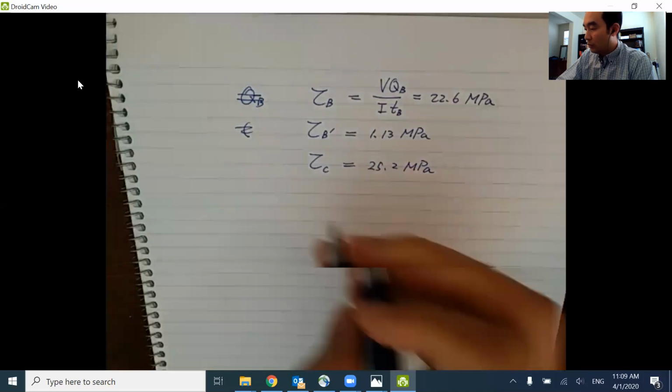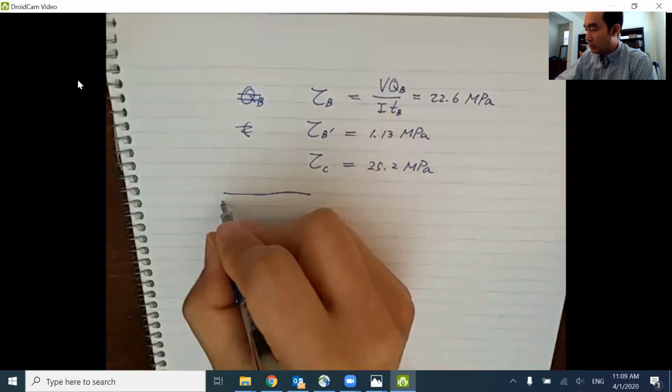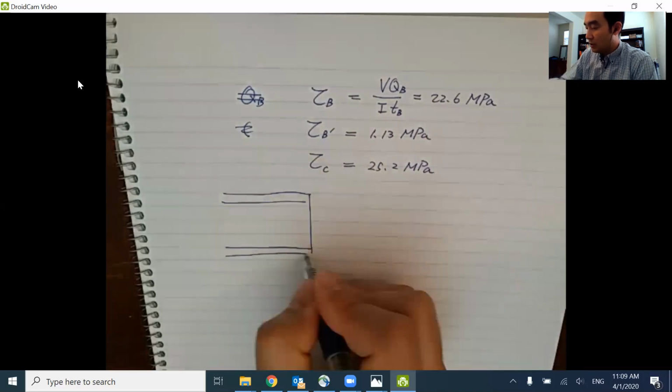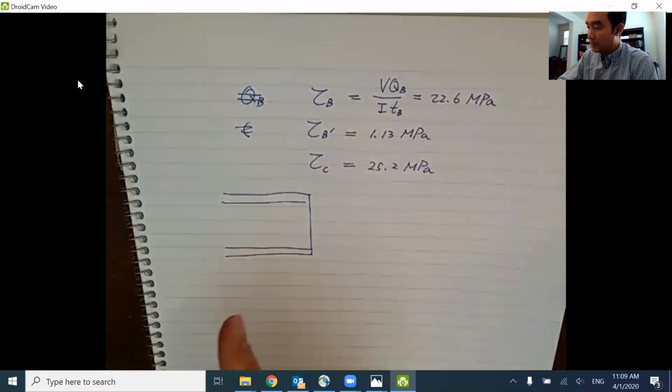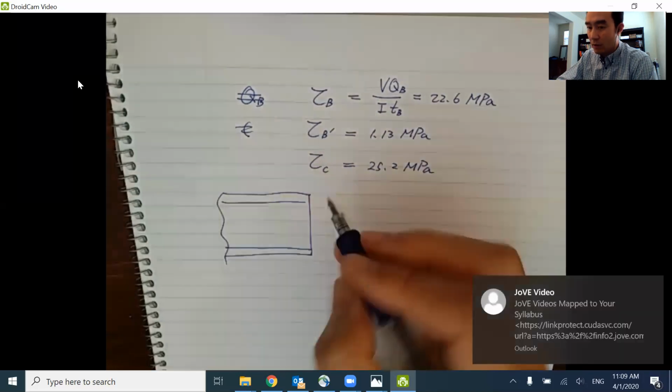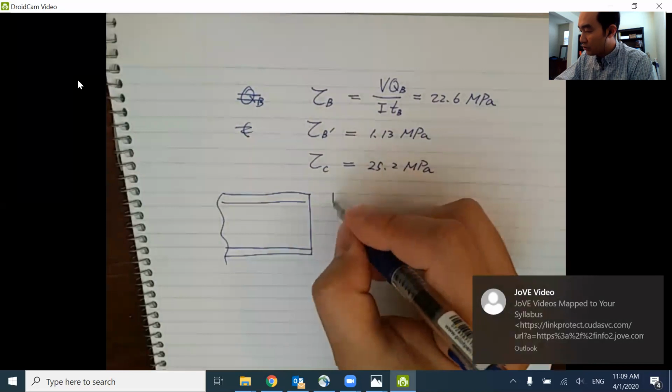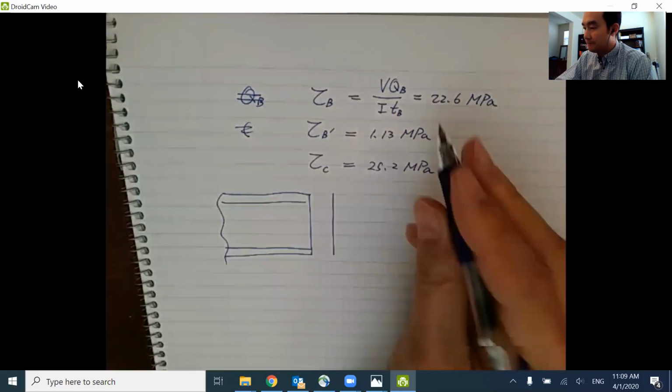So when we look at this W-shaped section, the I-shaped section from the side, this is the top flange, bottom flange, and the web portion. We can draw a distribution of these stresses, okay?